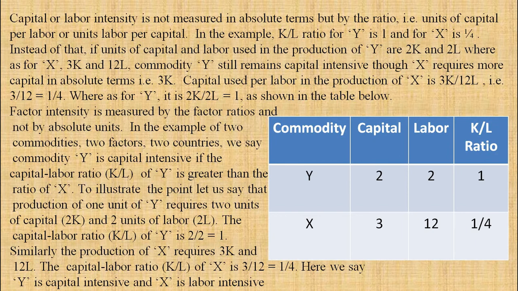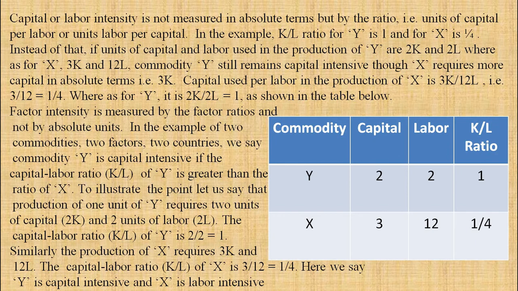Capital used per labor in the production of X is 3K by 12L, that is 3 by 12, that is 1 by 4, whereas for Y it is 2K by 2L, that is 1. It is shown in the table. Factor intensity is measured by the factor ratios and not by the absolute unit.